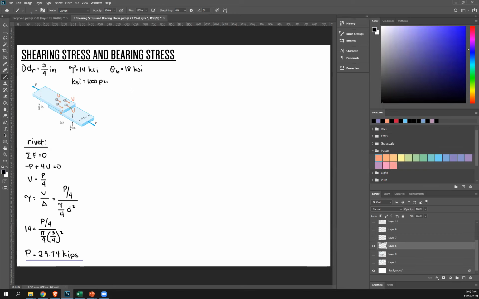Now let's move on to analyzing the plate, which experiences bearing stress. Let's draw another free body diagram. So this is your plate. I'm going to isolate the top part, and let's say this is the projected area.